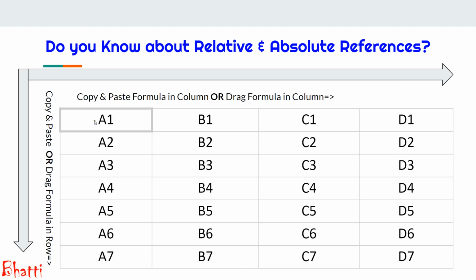When I copy the formula from left to right, the column is changing, but the row number is fixed, it is not changing, because the row is row number 1. Here the column is A. When I copy the formula from A1 to A2, it will change accordingly, and when I copy the formula from one column to another column, definitely the column will change accordingly.